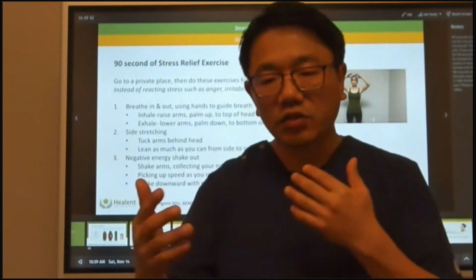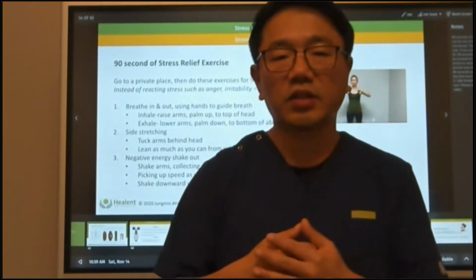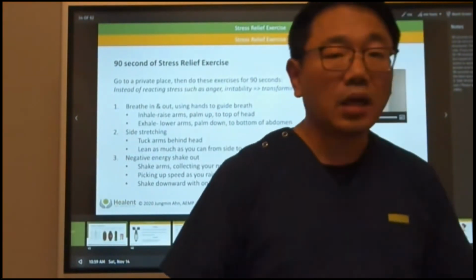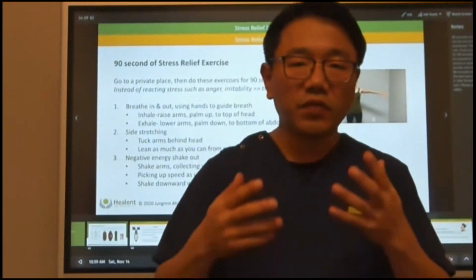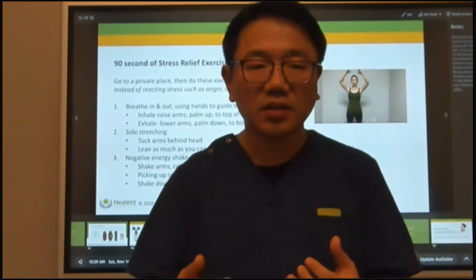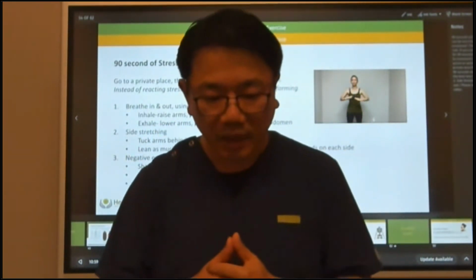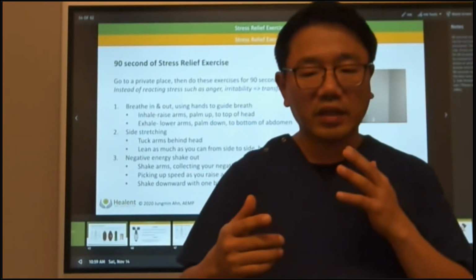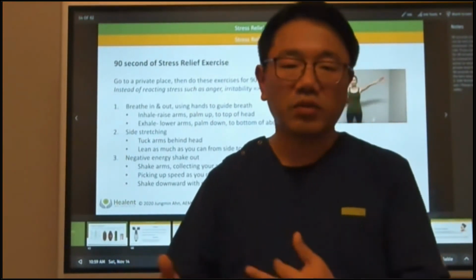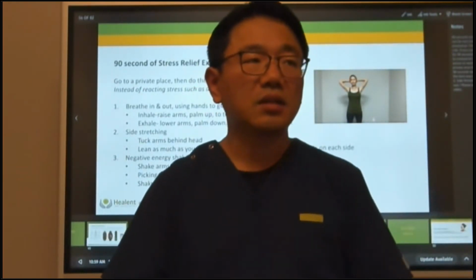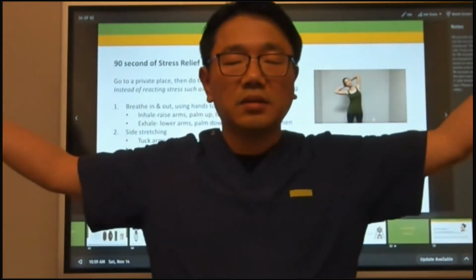If there is a stressful moment, there is a 90-second rule. If you can hold the stress for 90 seconds, the stress relieves by itself. So when you have stress, you can go to the restroom or some private area, and you can do this and breathe in.